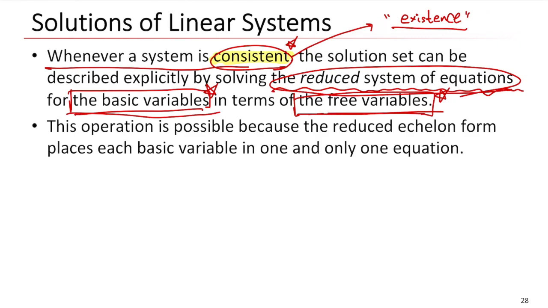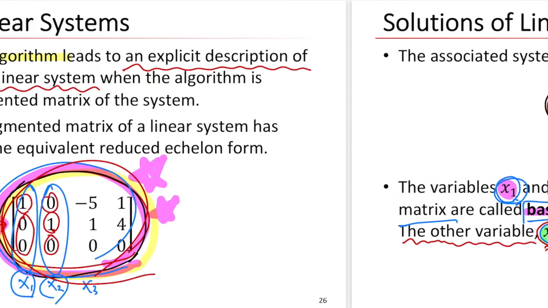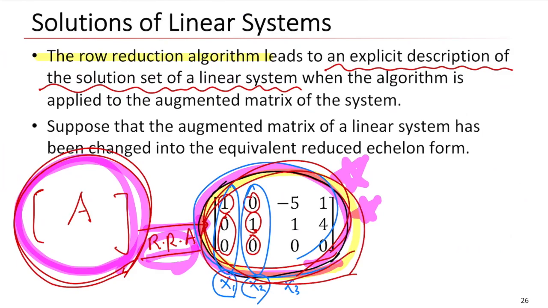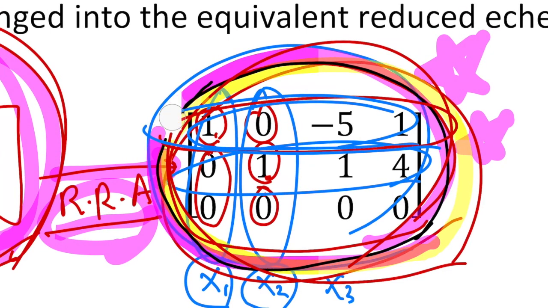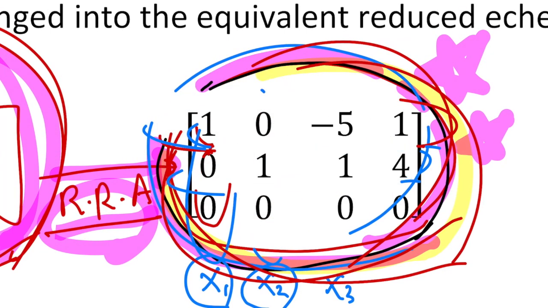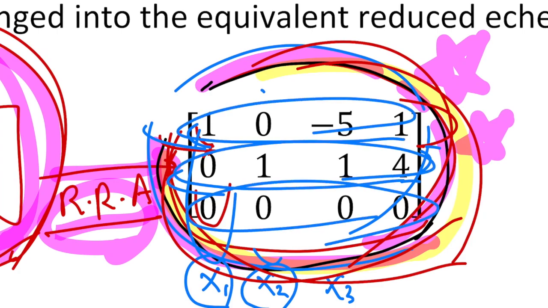What does that mean? In the reduced echelon form, there is only one single basic variable at each row. In this case, there are 3 rows like this, and at each row there is a single basic variable, right?